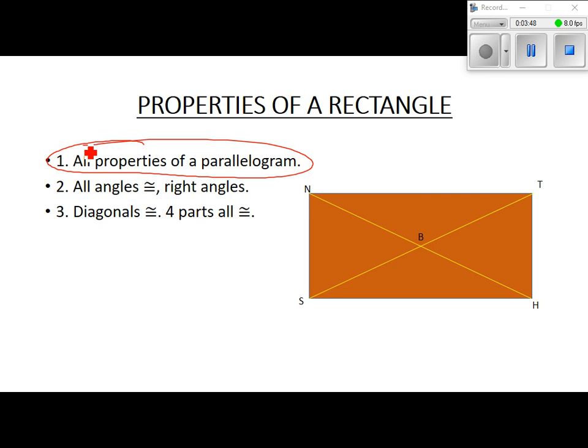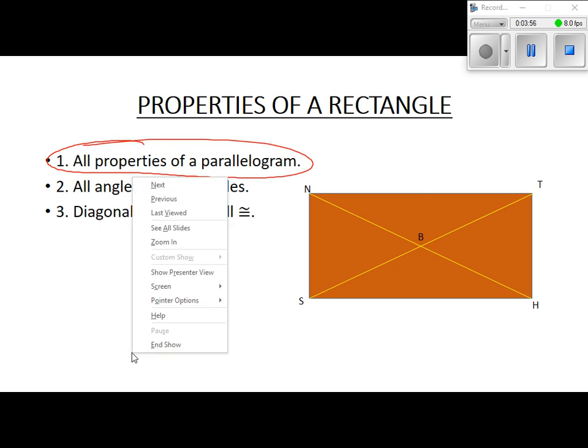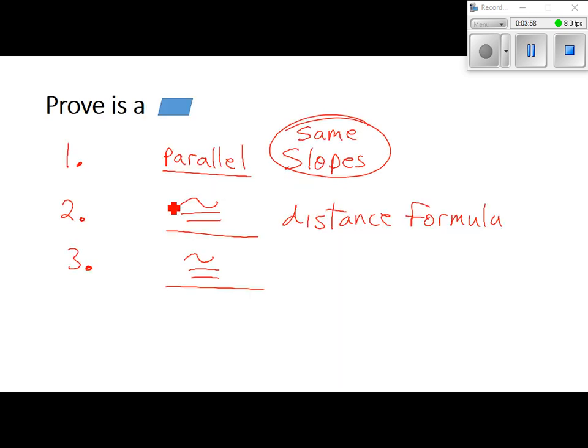So if they tell you a shape is a rectangle, then all those same properties work. And also, remember, of the four-sided figures that we're going to talk about today, the only shape that has a symbol is a parallelogram.